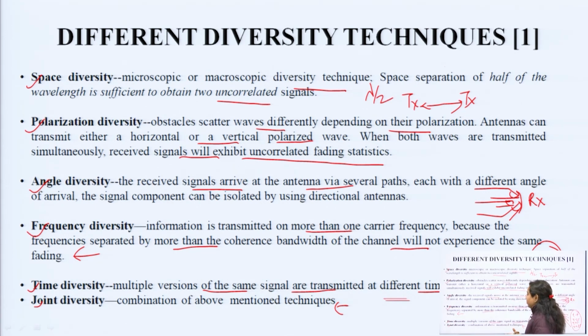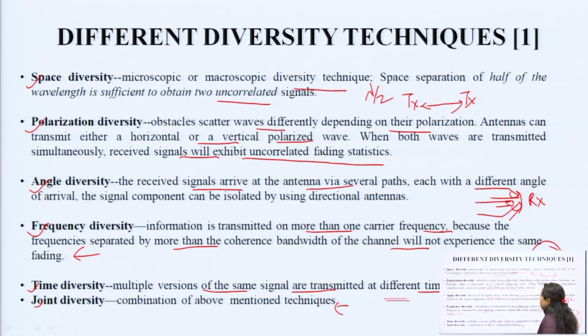Let us say in case of angle diversity, when the signal is received at different angles, then it has its own advantage. In case of frequency diversity, the information is transmitted on more than one carrier frequency. Considering different carrier frequencies is a cumbersome method for combining different diversity techniques, but it will be beneficial to use this frequency diversity technique.